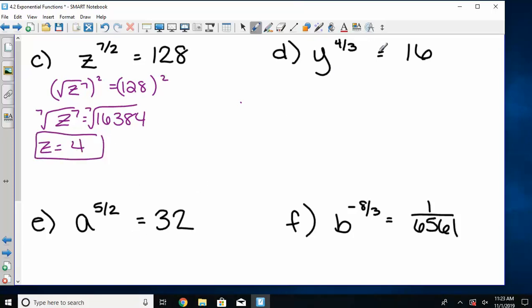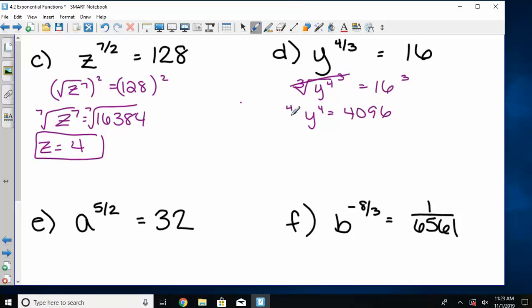Okay. On D, how'd you guys do that one? Okay. So you wrote it as the cube root of y to the 4th. Cube each side. Okay, so then 16 to the 3rd gives you 4,096.